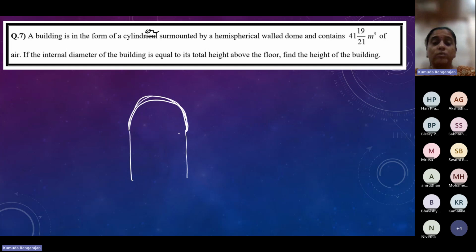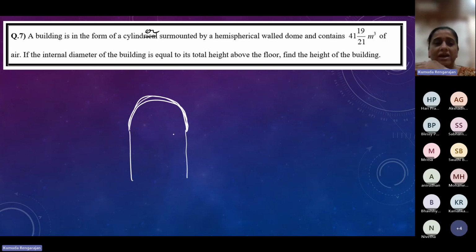So that is the volume of the air inside the building. So the building is cylindrical with a hemispherical ceiling. That's how we should understand this. The ceiling is a dome, so it's hemispherical.